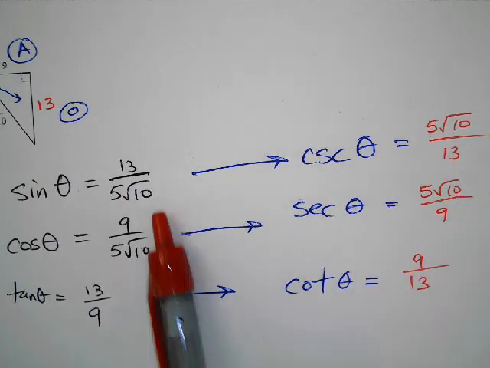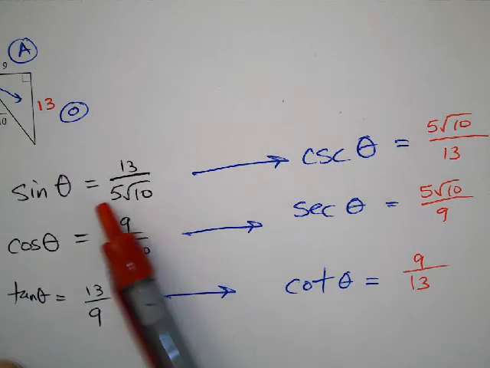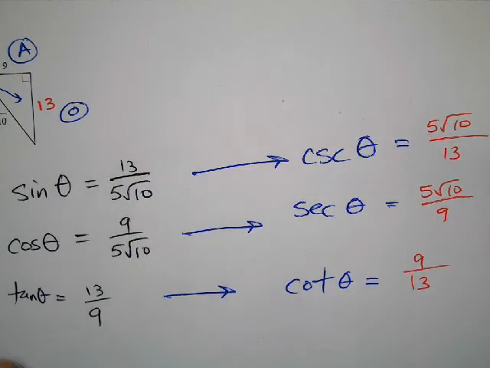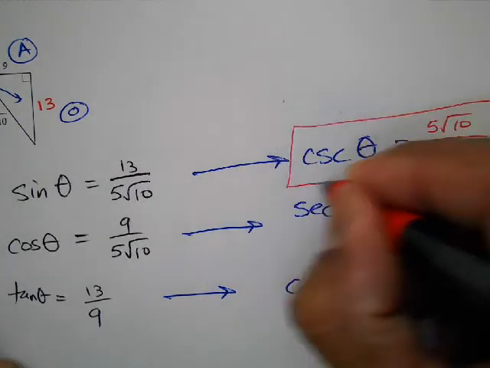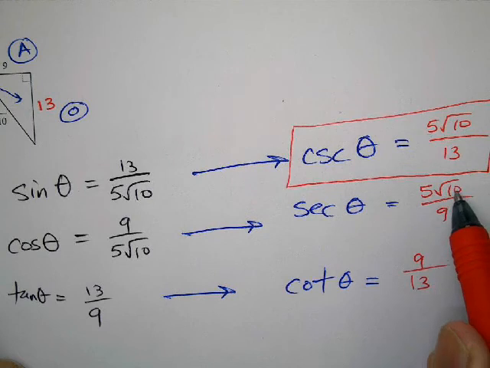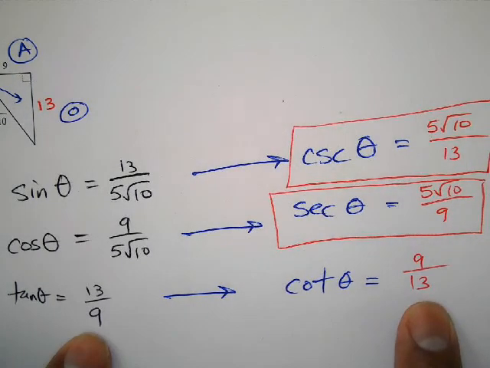Now this is why I don't want you to fix them, because when you find these three and then you have to find these next three, once you switch this over, see this one's okay. This one's okay. The square root's on the top. This one's good. I have nothing to fix. Here also, the square root's on the top. This one's okay.